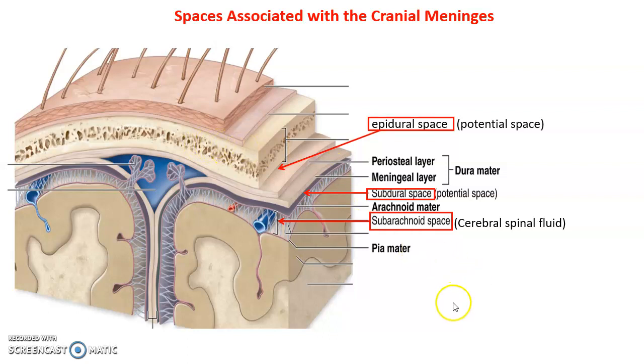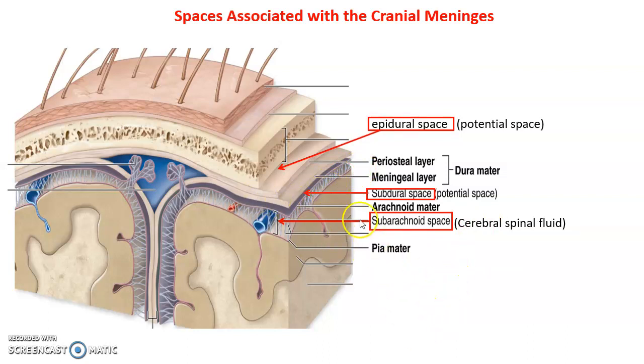But if there's some sort of injury, there can be a space formed between them where fluid may fill. Then there is potentially a subdural space between the dura mater and the arachnoid mater. Normally this is not present. Normally the arachnoid mater and dura mater are connected to each other. But again, if there's some injury, a space could fill with fluid between them.